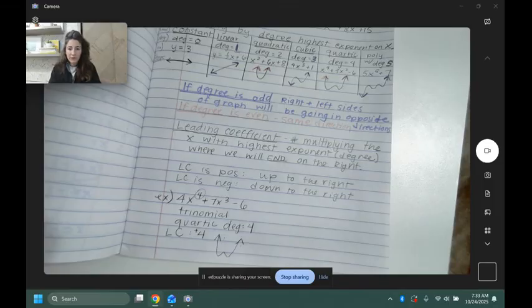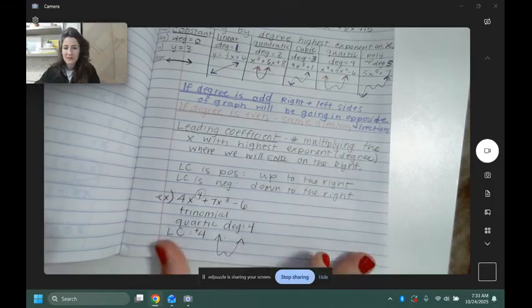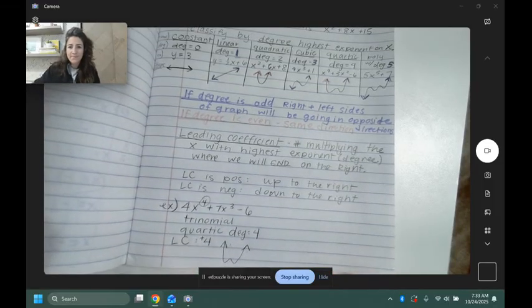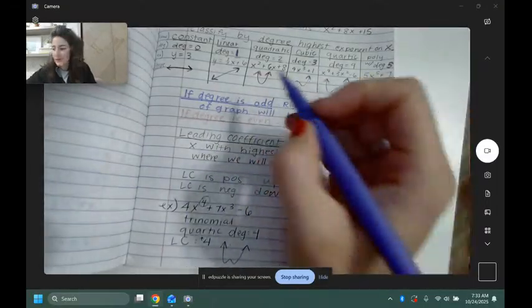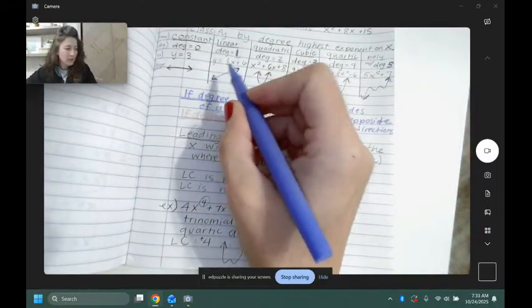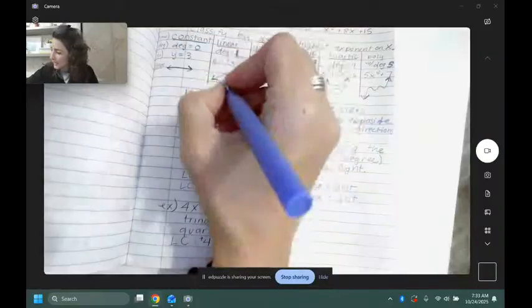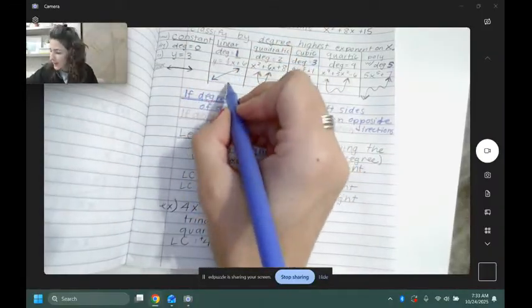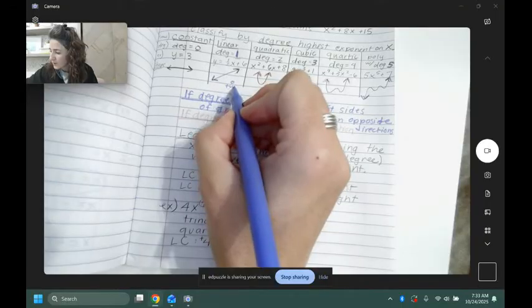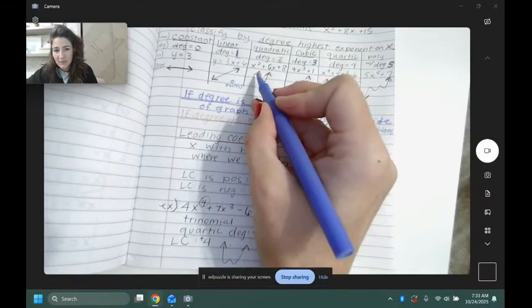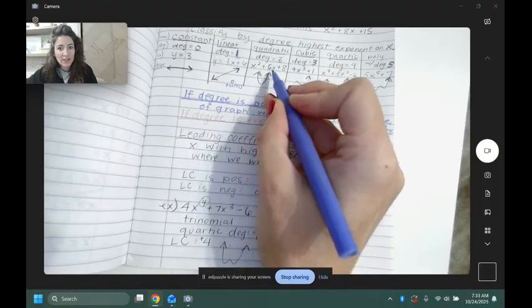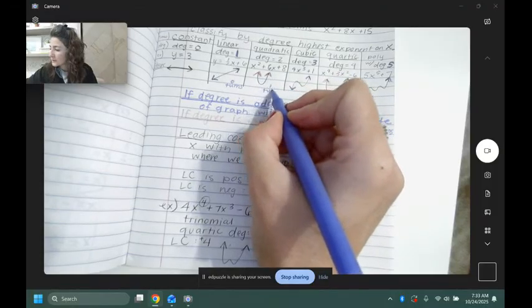The other thing to notice with your graphs is how many turns you have. On a linear function, I didn't turn at all while I was graphing, 0 turns. On this one, I was coming down and then I turned and now I'm going up, 1 turn.